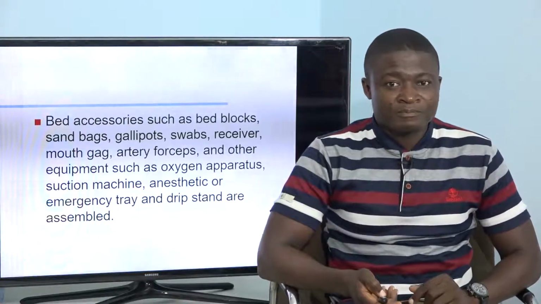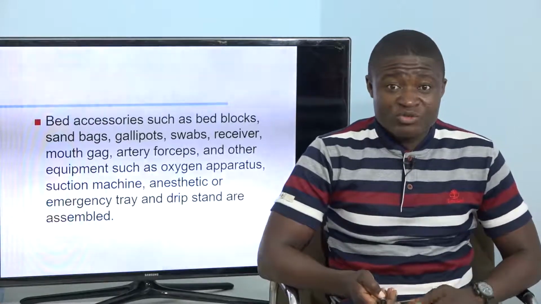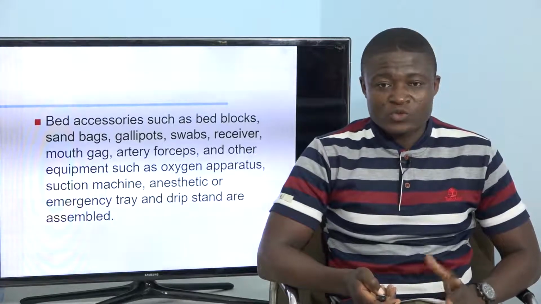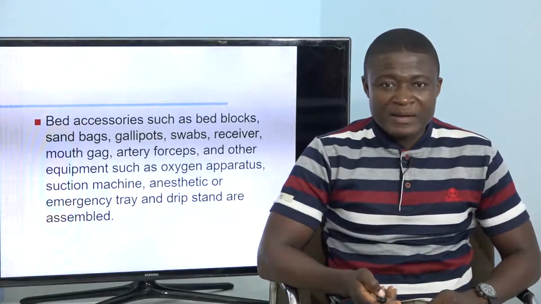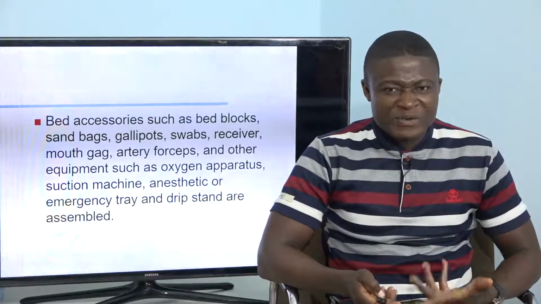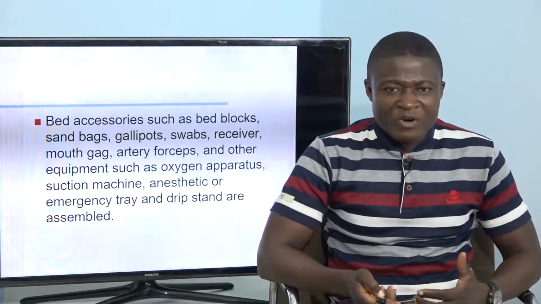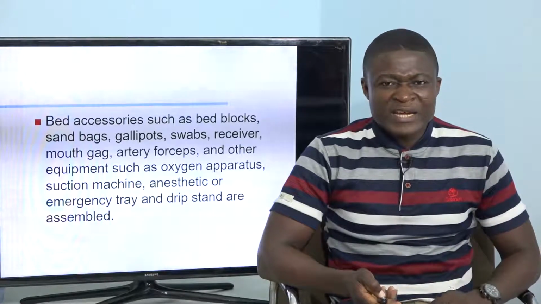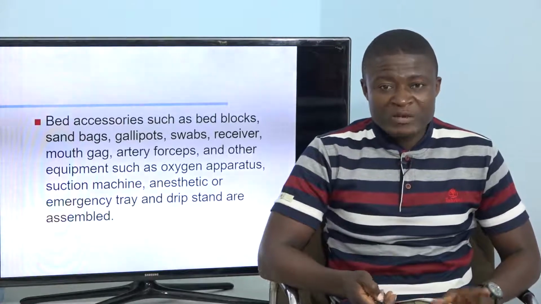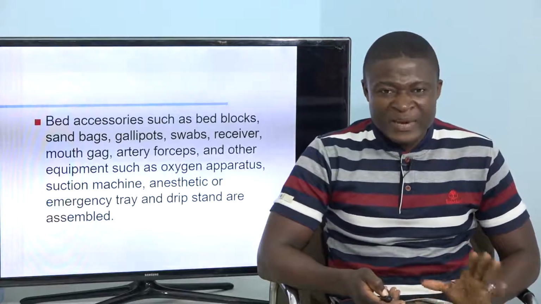The bed that is prepared must have bed accessories such as bed blocks, sandbags, gallipots, swabs, receivers, mouth gag, artery forceps, and other equipment such as oxygen apparatus, suction machine, anesthetic or emergency tray, and drip stands are all assembled by the patient's bedside.